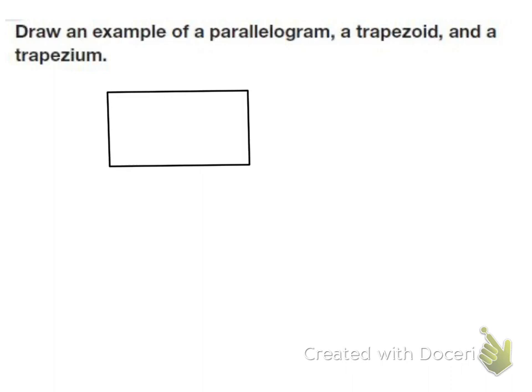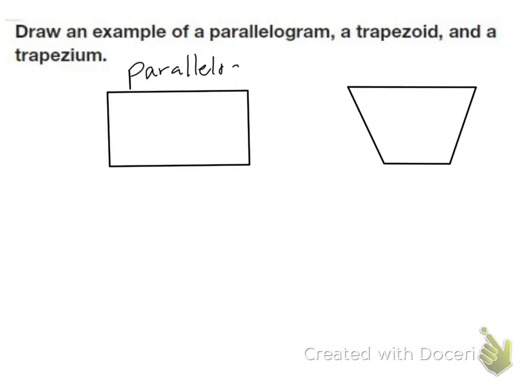To draw a trapezoid, I first start off by drawing 2 parallel lines that are different lengths, and then I connect them. So this is my parallelogram, and this is my trapezoid.